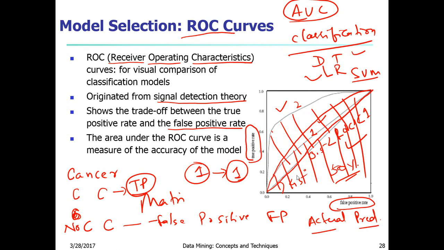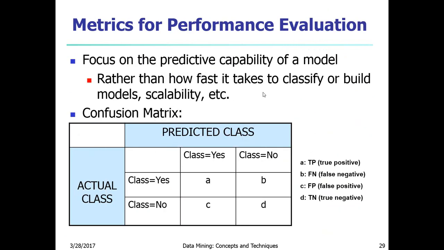AUC is nothing but the area underneath this curve. The entire area you can consider for the second curve, whereas for the first curve, this is the only area, right? So this is the first curve, right? Yeah. So AUC for the second curve is better. So the model is better for the second curve. So that's the way you compare ROC.